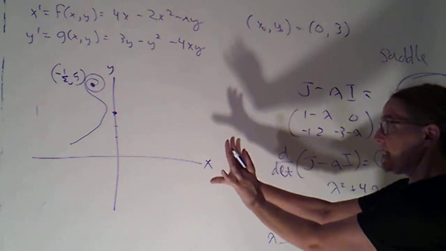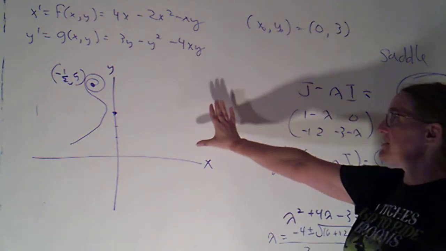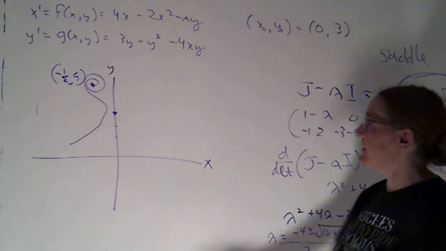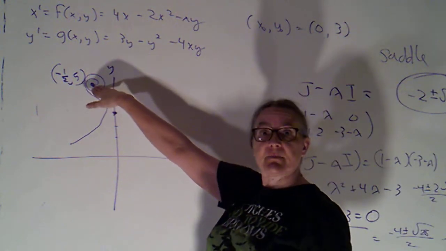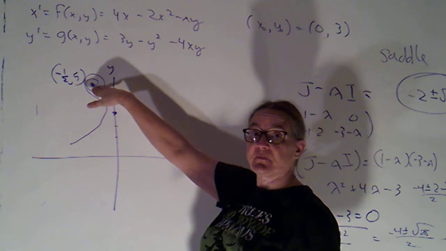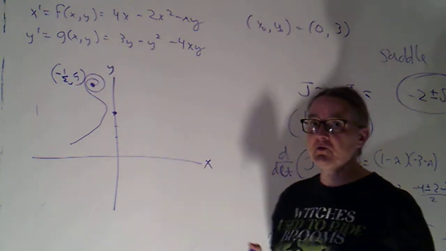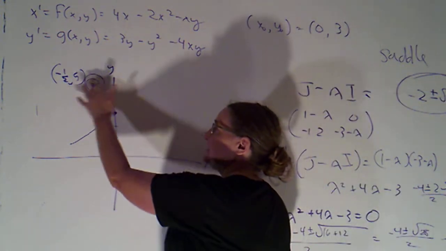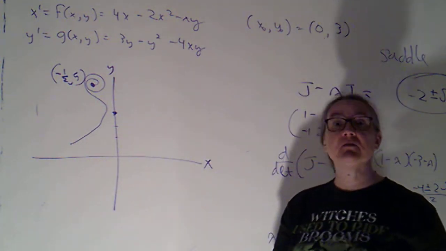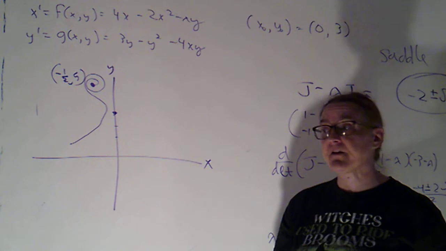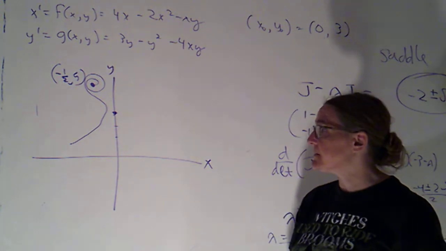Now, I'm not claiming that that's accurate. I'm just saying that that's the sort of thing we could have if we had a saddle here and a spiral sink here. We need some additional tools in order to be able to actually see what happens at other places. But this is a very, very useful tool for classifying our equilibrium solutions.